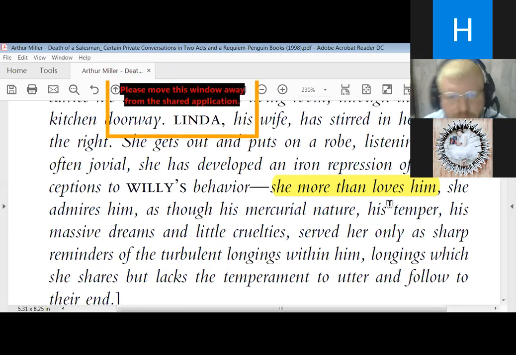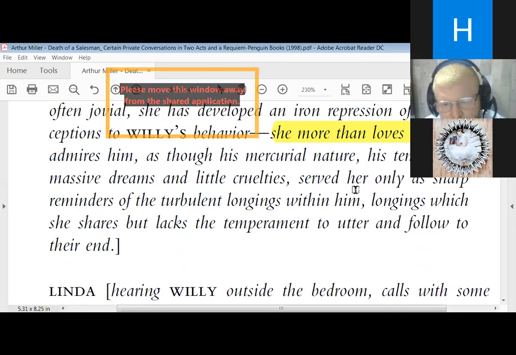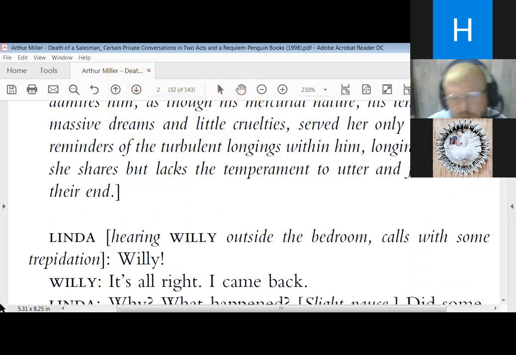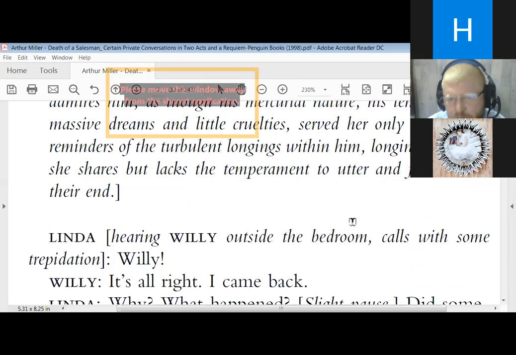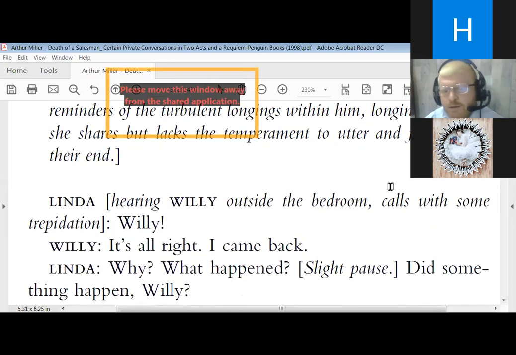Okay, so she admires him, although his mercurial manner, his temper, his massive dreams, and little cruelties served her only as sharp reminders of the turbulent longings within him. So she's a woman who can bear her husband.